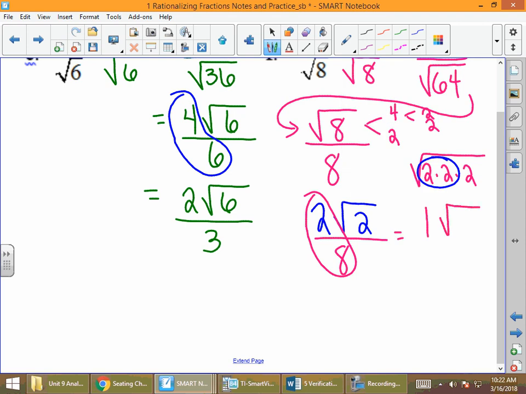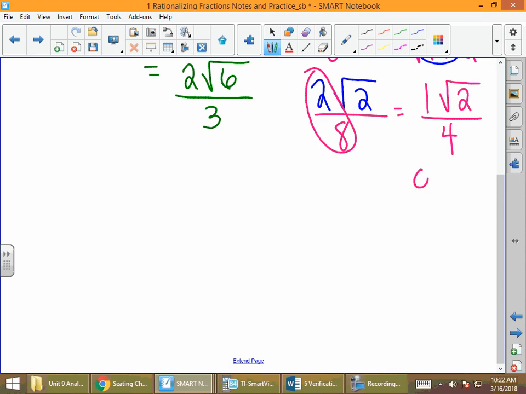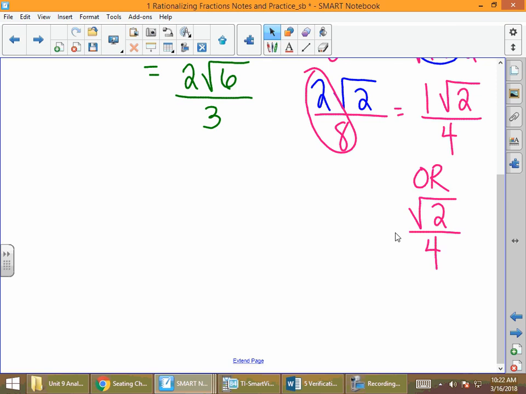If you want to write 1 radical 2 over 4, I'm fine with that. If you don't write the 1 in front of the square root of 2, I'm fine with that. In fact, let me put 4 here.